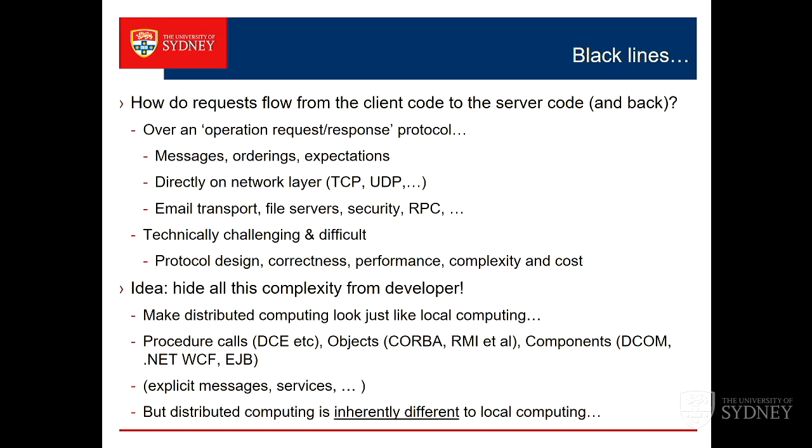Then object-oriented programming got popular, so we had remote objects, and then the shortcomings with that were seen, so we started having remote components, and it's been a series of these things where we've just gone from one programming model to another, but the whole idea is that distributed computing is hard, so we'll hide it from you. You think you're doing something local instead. So you don't need to worry about writing a protocol and designing and proving it's complete. You just go and call a method or create a remote object and call its methods, however you do it.